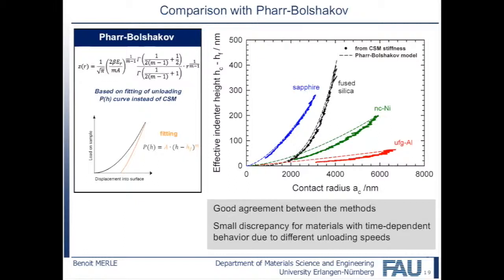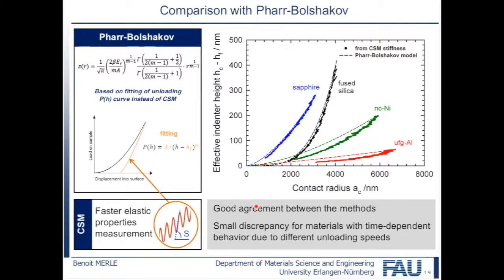This is not the case for the new method, where the stiffness is measured from the CSM signal from a very fast oscillation at about 70 Hz, where no reverse plasticity can take place.